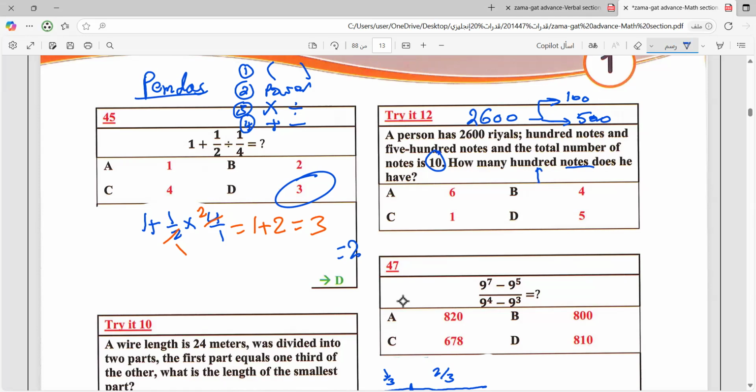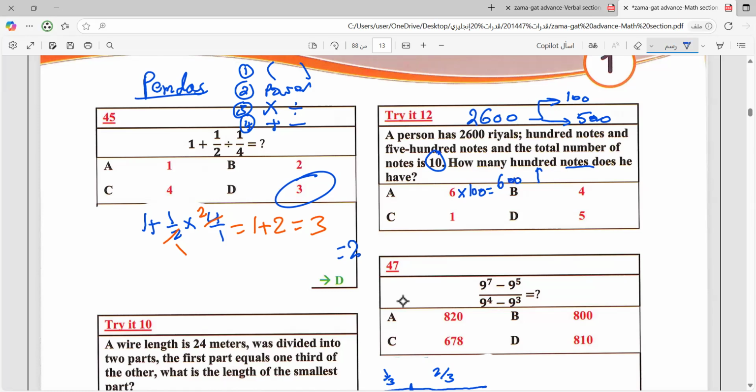We try now. Among the options, does he have 6? If we take 4 500 notes, that's 2,000, and then 6 100 notes, that's 600. So yes, it's correct. Good job. Here we try. If we suppose that the 100 notes number is 6, we multiply 6 times 100 equals 600.